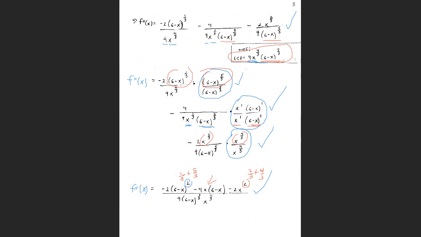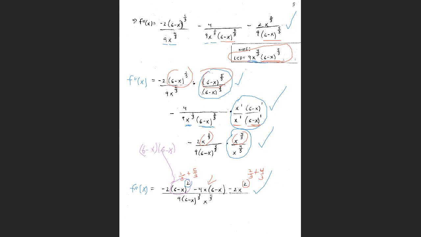Now let me ask you, this 6 minus x quantity squared, of course, that's 6 minus x times 6 minus x. We're going to FOIL that, right?